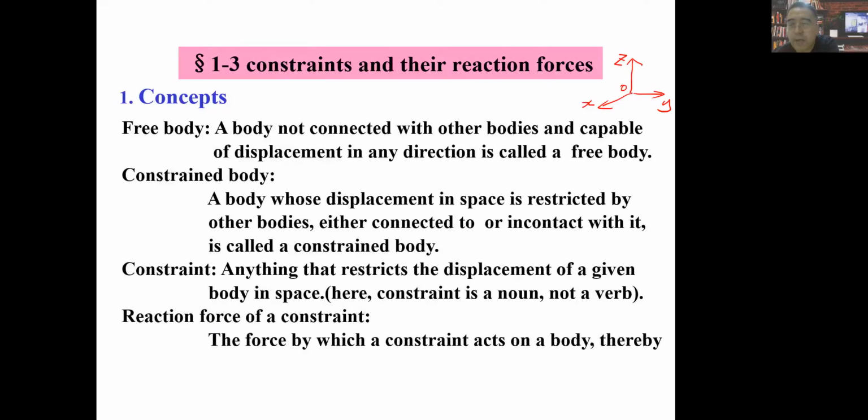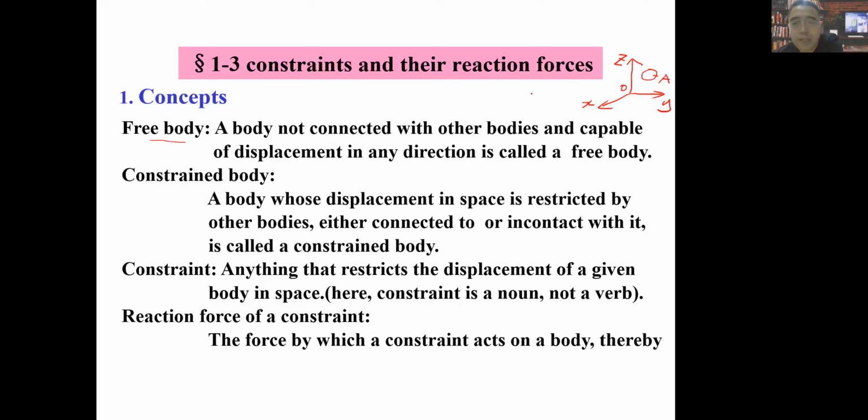We can imagine that we have an arbitrary shape body A here. If A is a body in this space and nothing gives it any constraint, it can move freely, right? We call body A a free body.